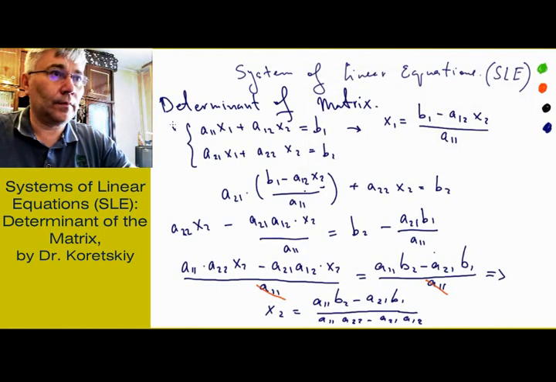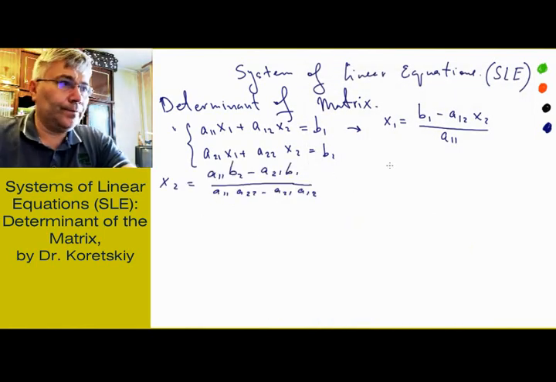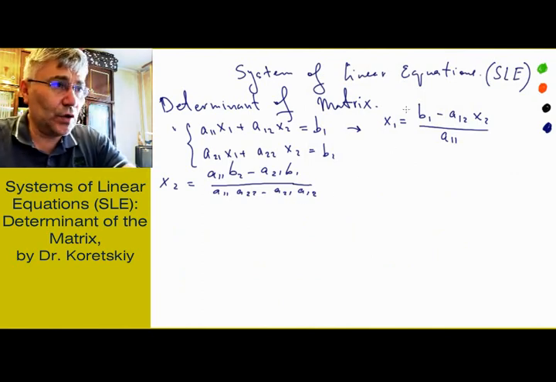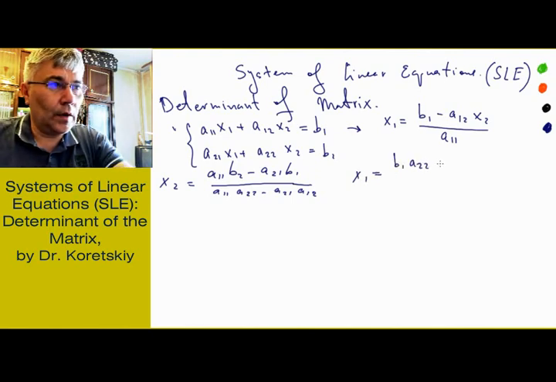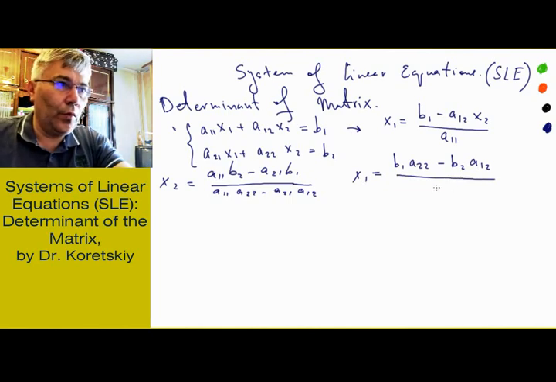So x1 consequently equal, I have to put here x2, and I have x1 equal b1 a22 minus b2 a12 over a11 a22 minus a21 a12.